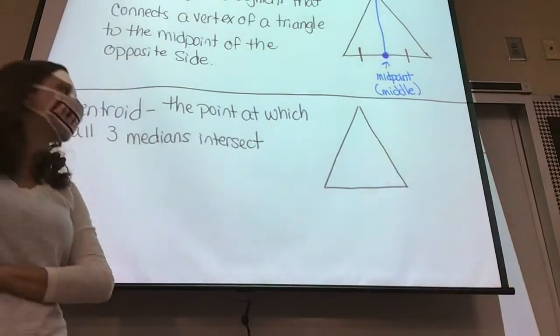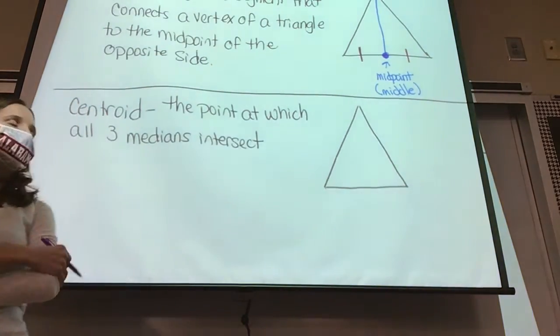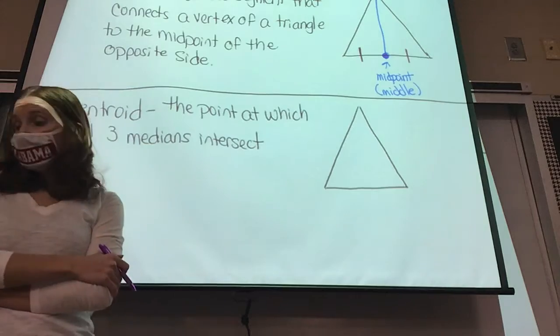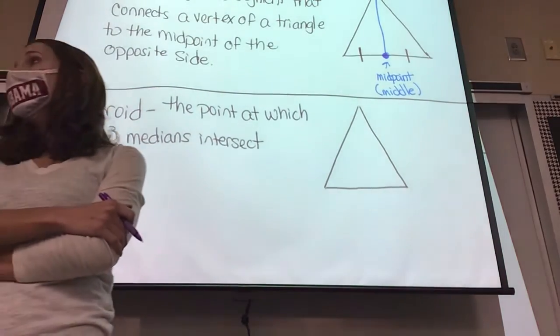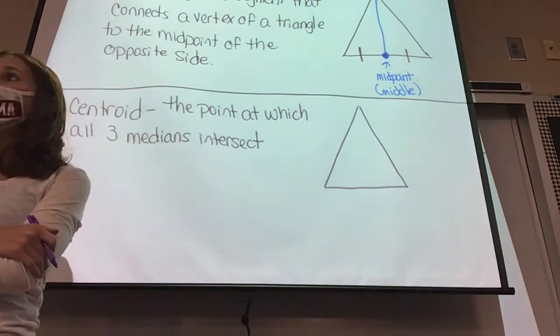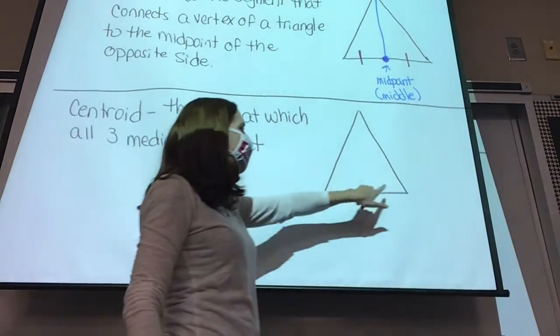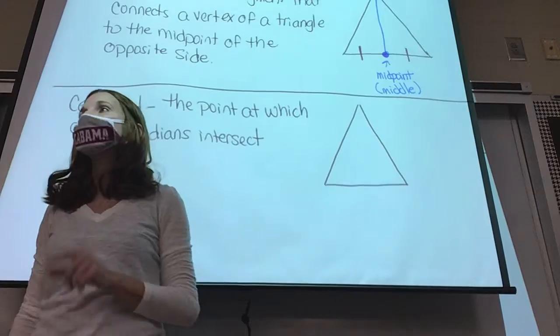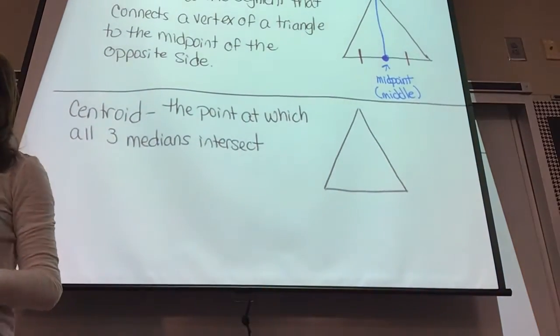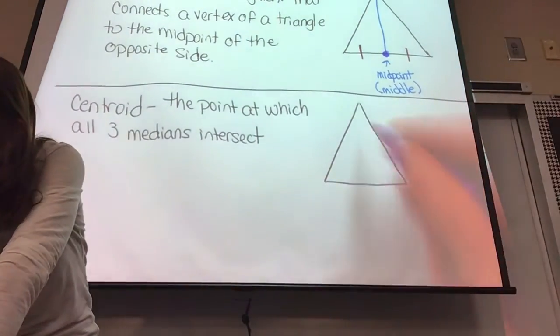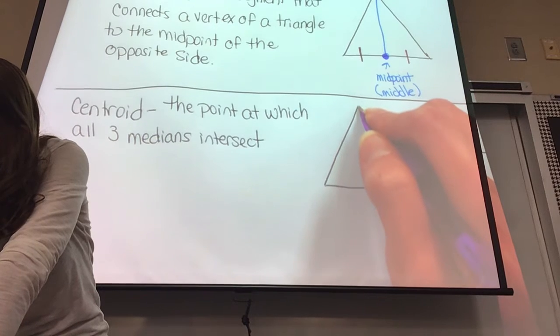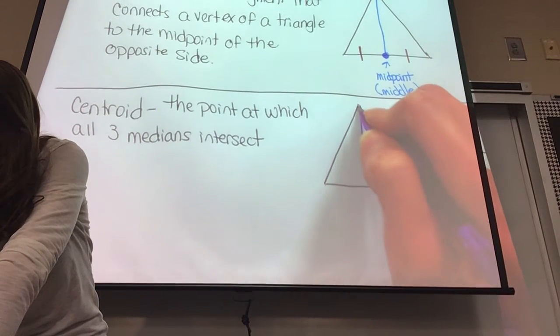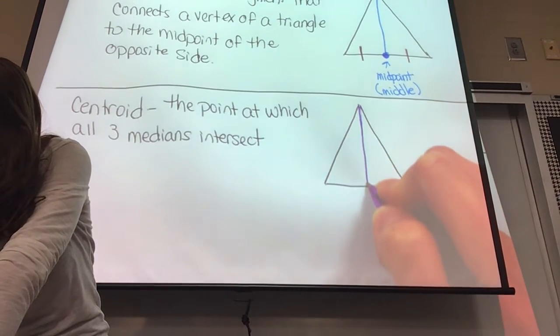If you've only got 2 colors, then you can use your pencil for one of them. That's fine. So what I'm going to do is I'm going to draw a median from every angle. One from every vertex. And you should see where they intersect. So I'm going to draw the one from the top, just like we did a while ago. So draw the one from the top.